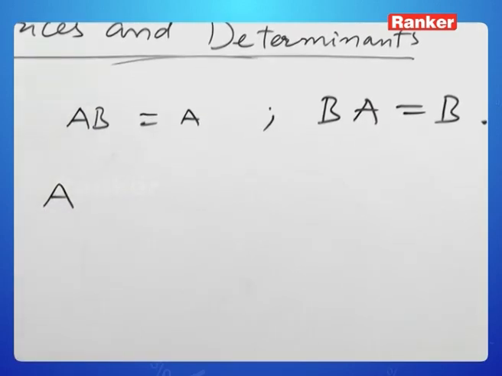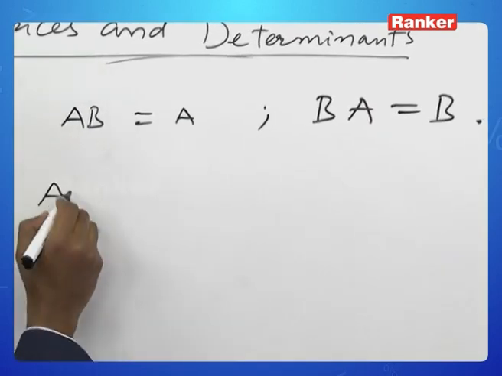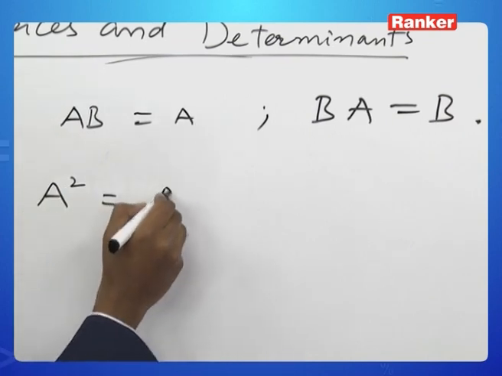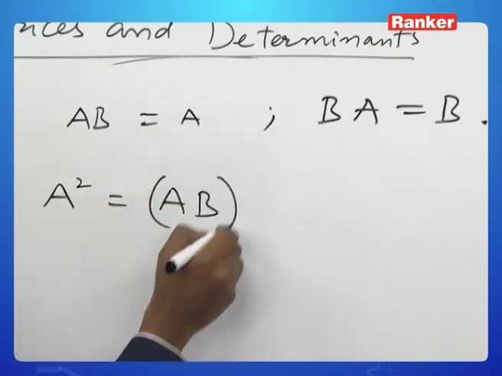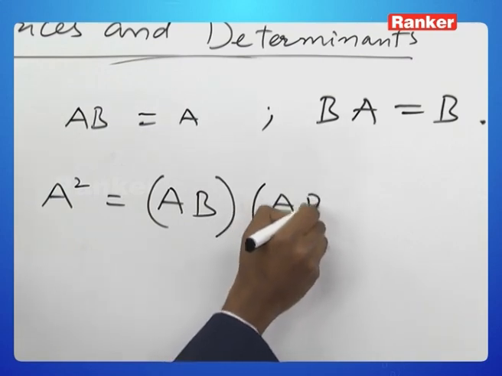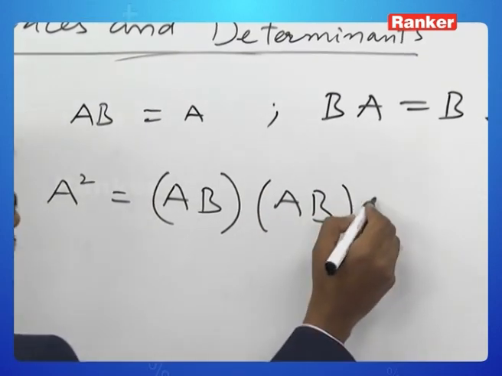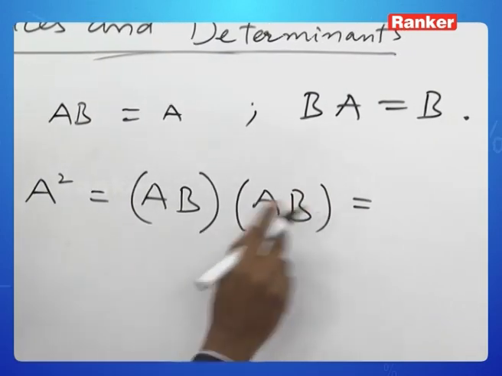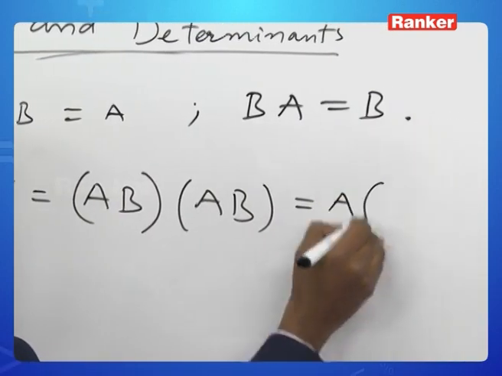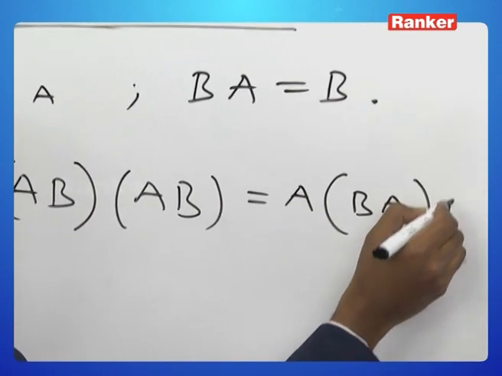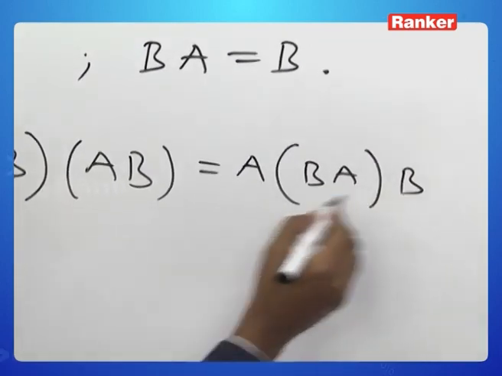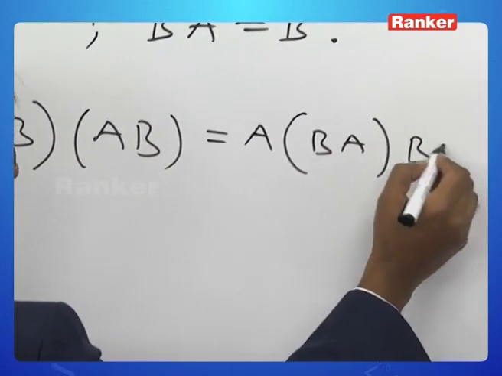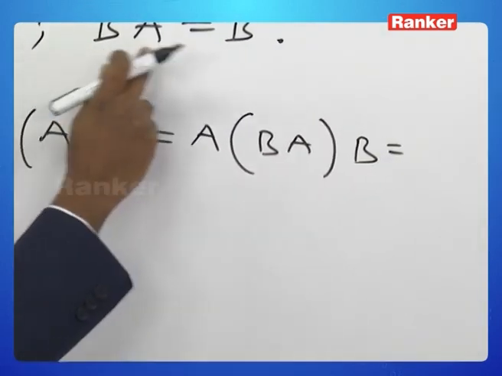Let's observe one thing. What is A square? We can write it as AB into AB. And what is that? We can associate BA into B.